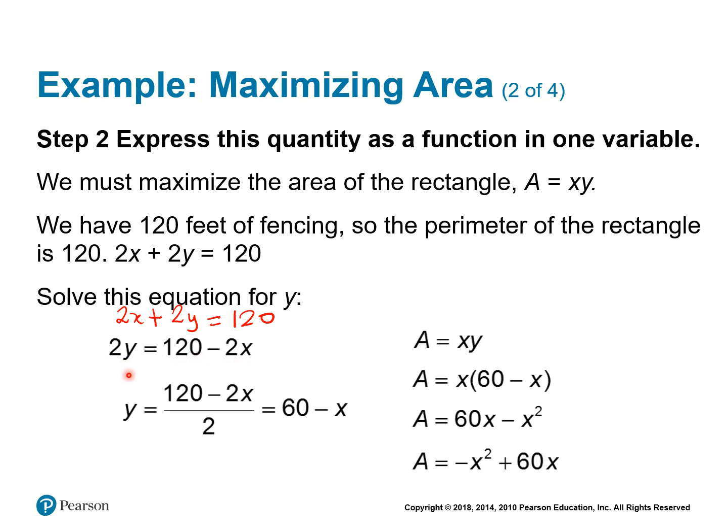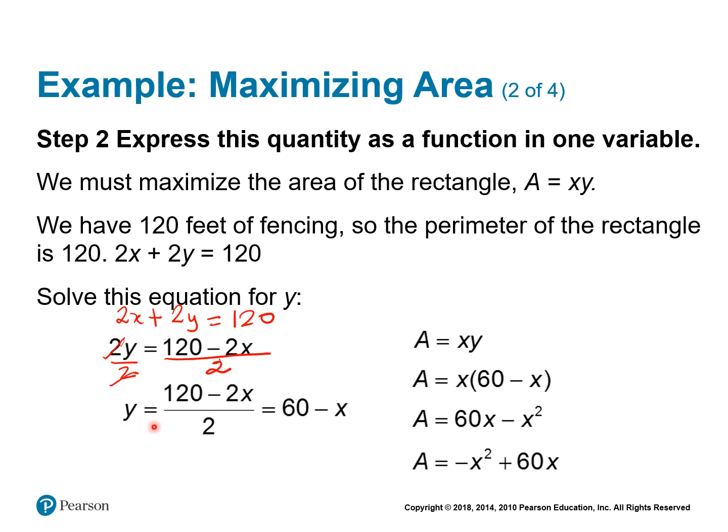Now we have to solve for y. So we have to get rid of this 2, the 2 multiplying y. What do we do? We divide both sides by 2. 2 and 2 divide, so we have 1y now.